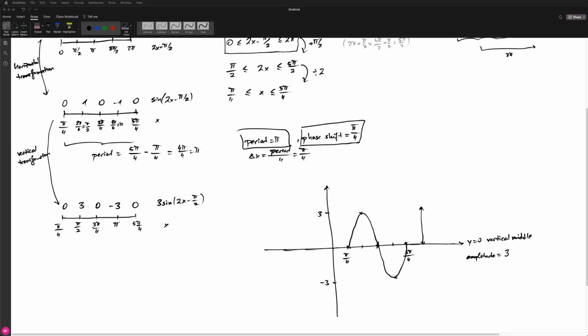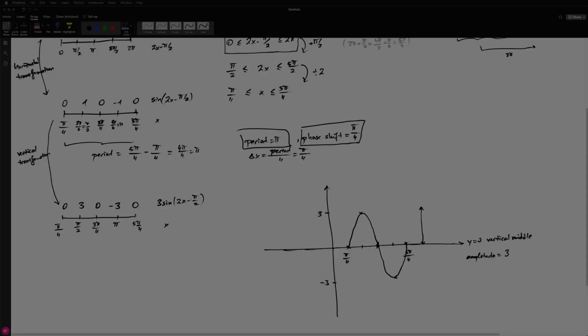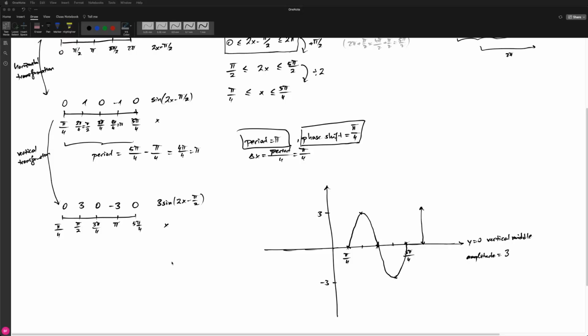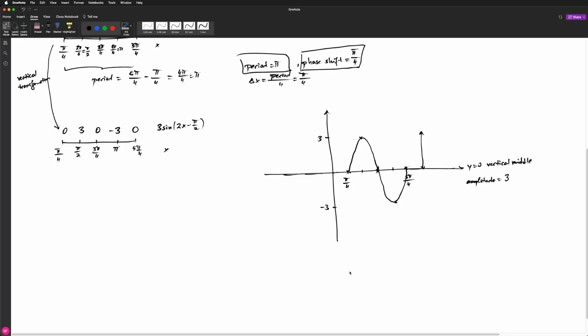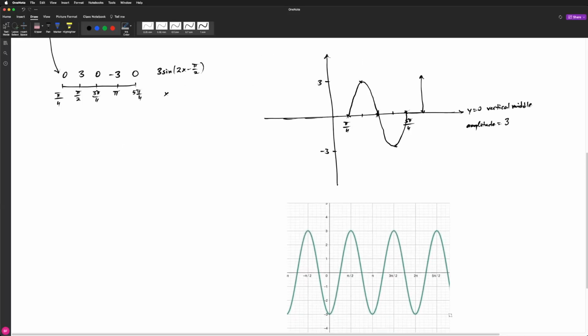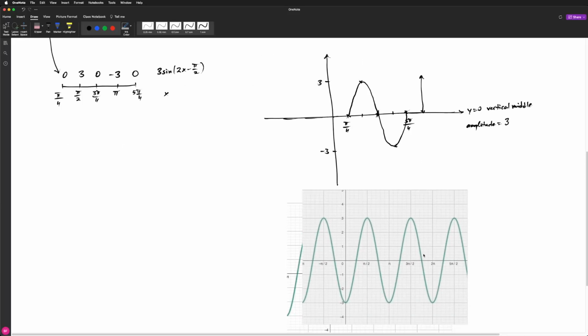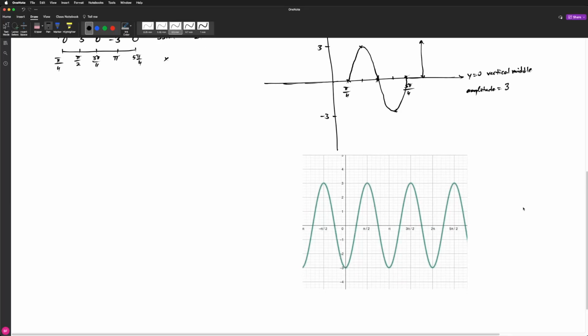And if I draw the graph on GeoGebra, this is the graph of 3 times sine of 2x minus pi over 2, and this would be pi over 4, and that's where my fundamental period starts, and pi over 2 is the next number, right?